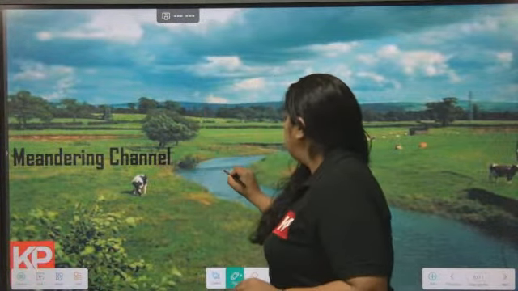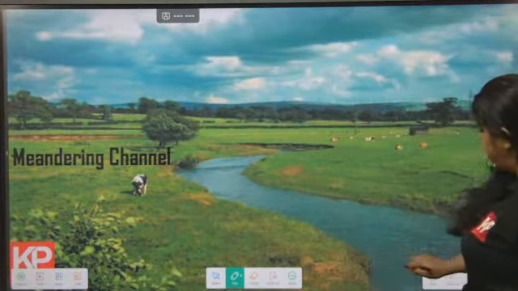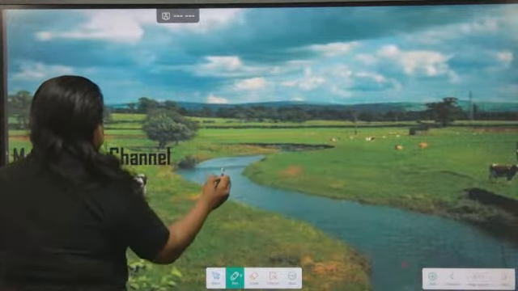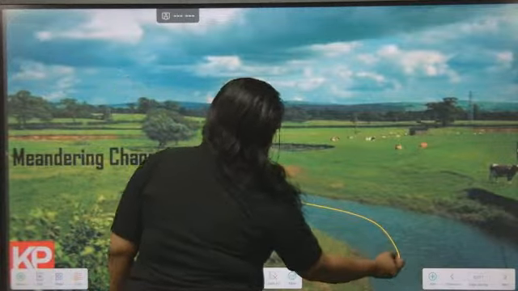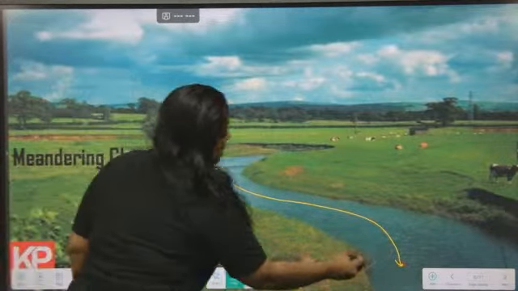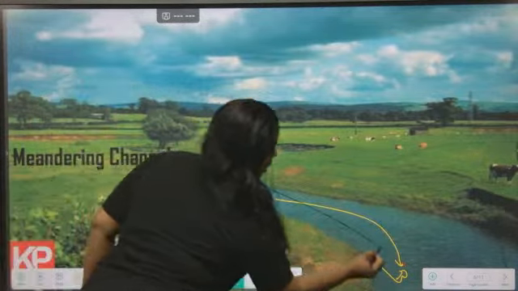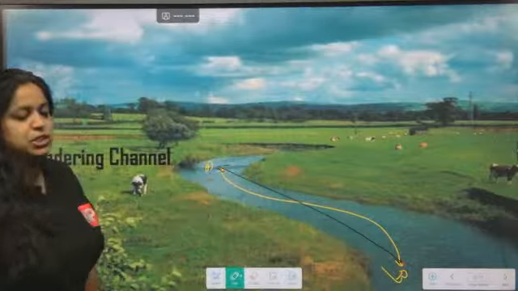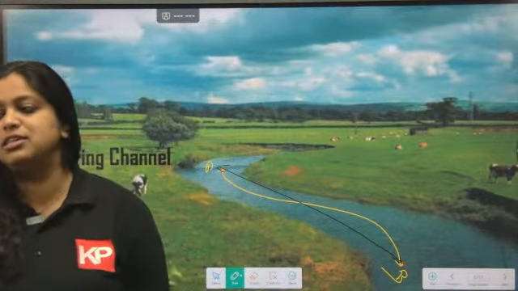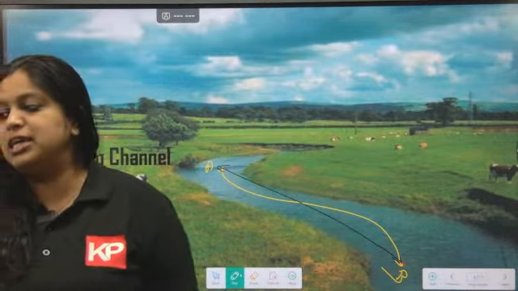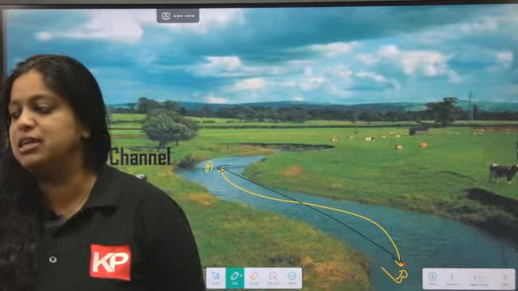What is sinuosity? We measure the length of the channel along the channel, and this much is the length between point A and point B. Whereas if I draw a straight line between A and B, that will be this much. The ratio between the curved path and this straight line is what is called sinuosity.